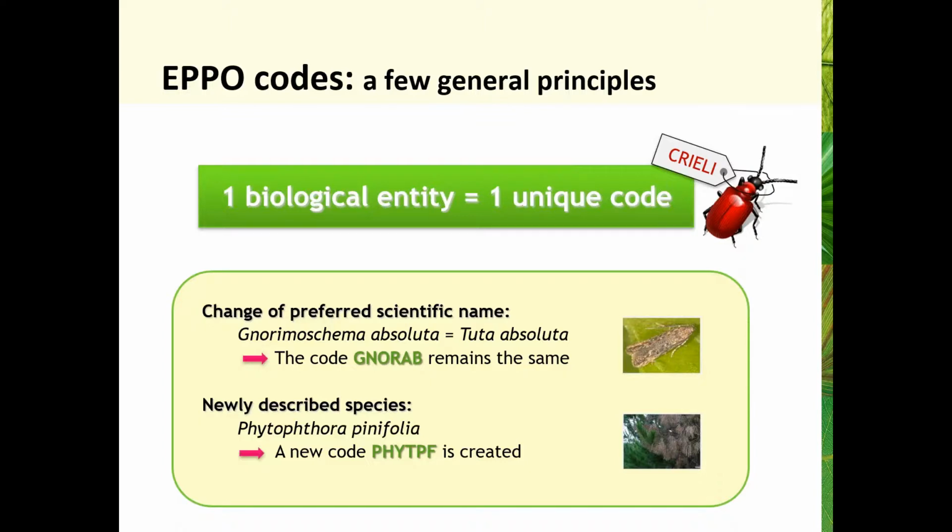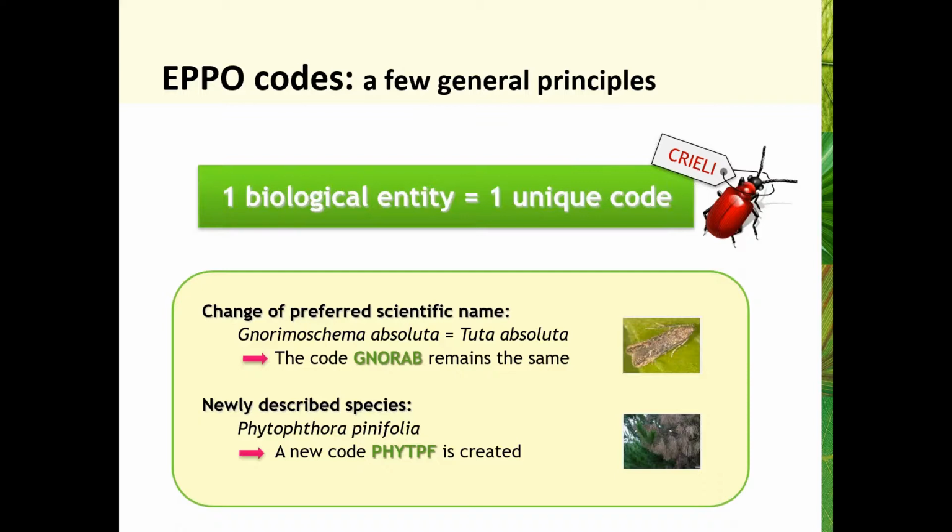So you may wonder what happens when scientific names are changed, which is very common in taxonomy. The code remains the same, but we change the preferred scientific name. So in my first example of Tuta absoluta, in fact, the code was created when this insect was called Gnorimoschema absoluta.